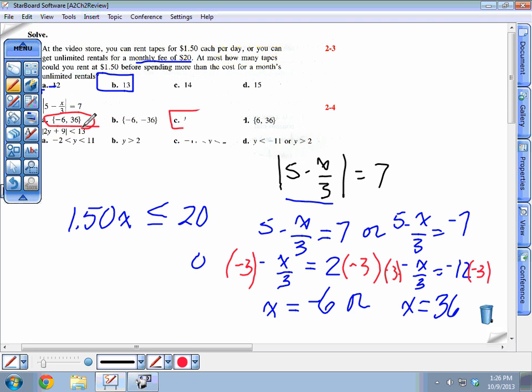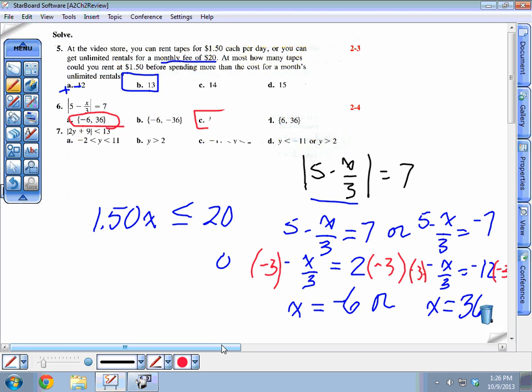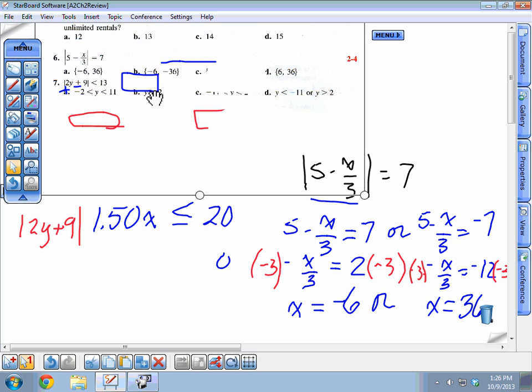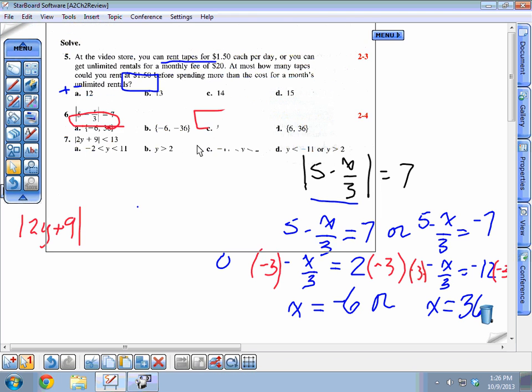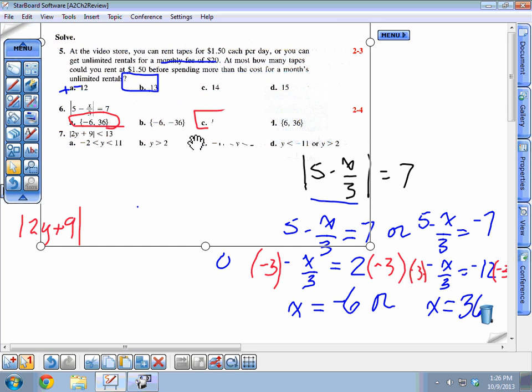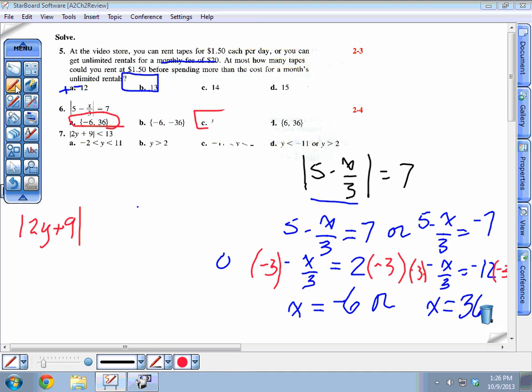Okay, now I'm going to go back over here. The last one, again, the absolute value of 2y plus 9 is less than 13.